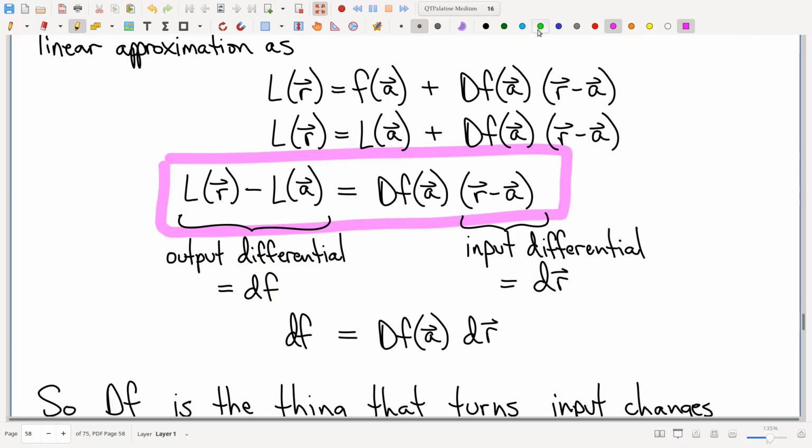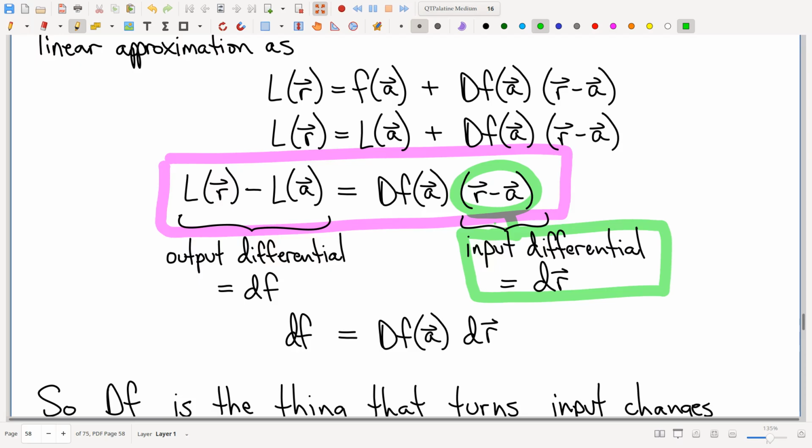So this formula says that how much I change in the input, which is literally the difference between the point where I'm doing the approximation, A, and the point where I'm evaluating the approximation, x comma y, is how much my input changes in the domain.